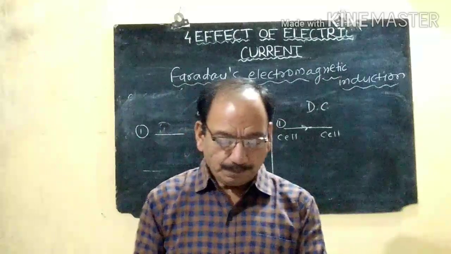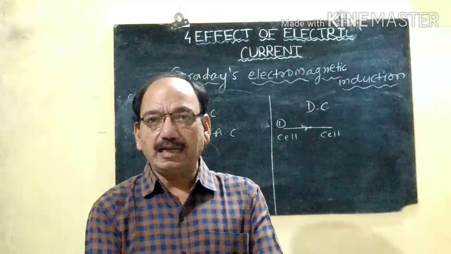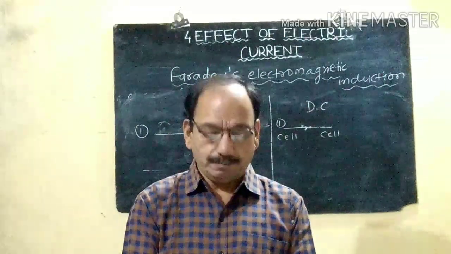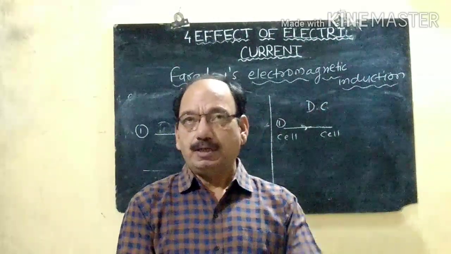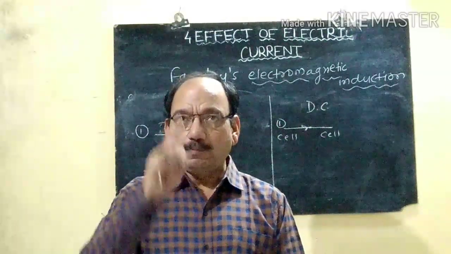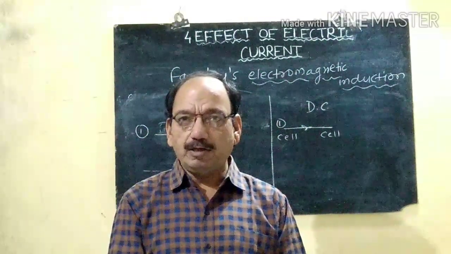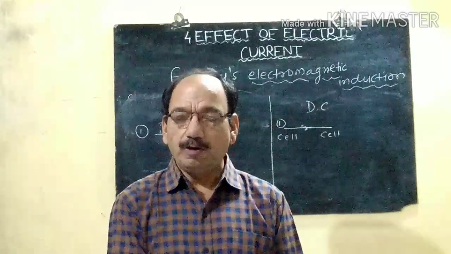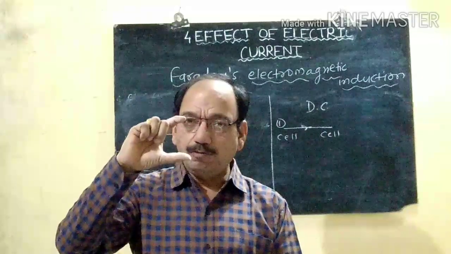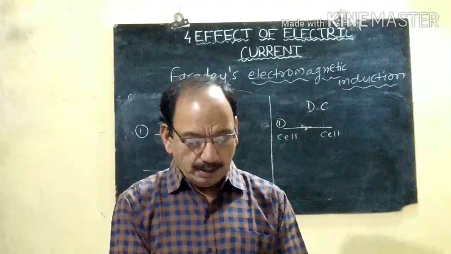The second point: we can increase the direct current, and this current is stable. Suppose the electrical cell provides direct current, the potential difference between the two ends of the cell is always 1.5 volt, which means the potential difference across this cell is stable.